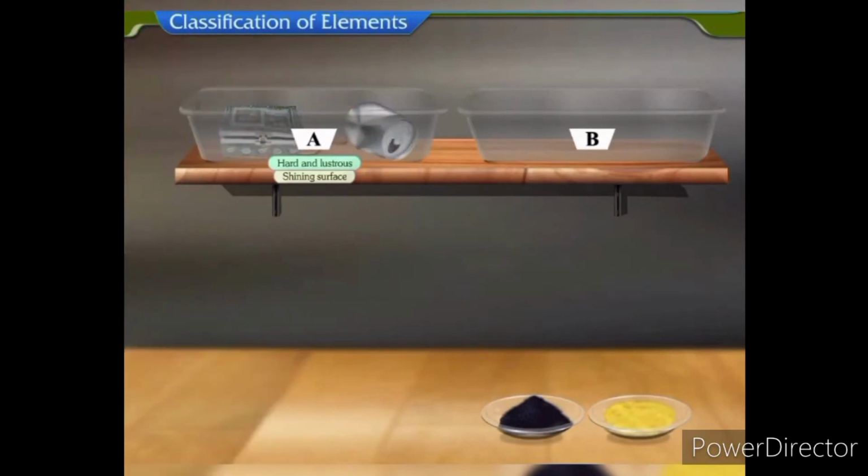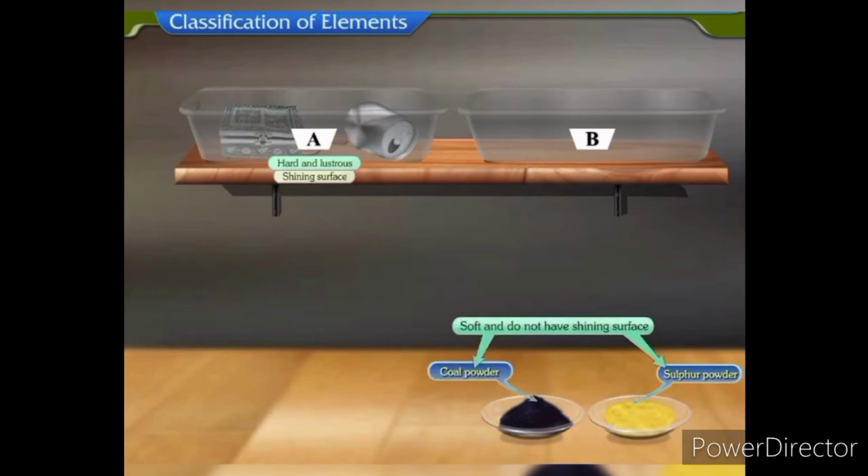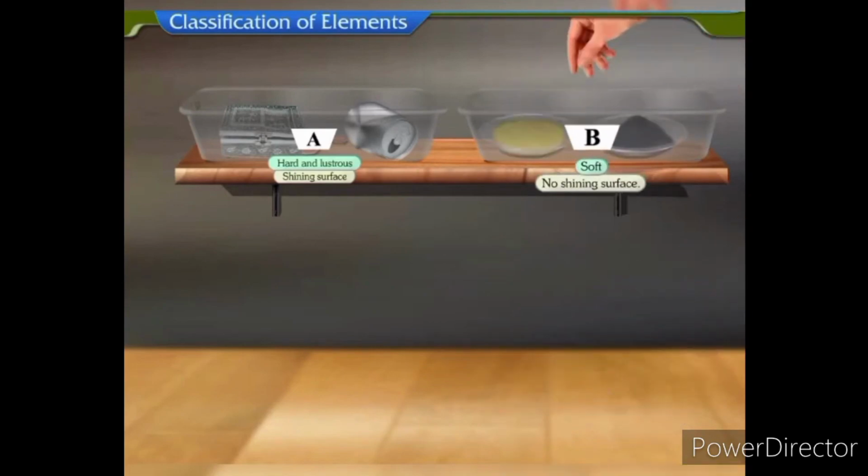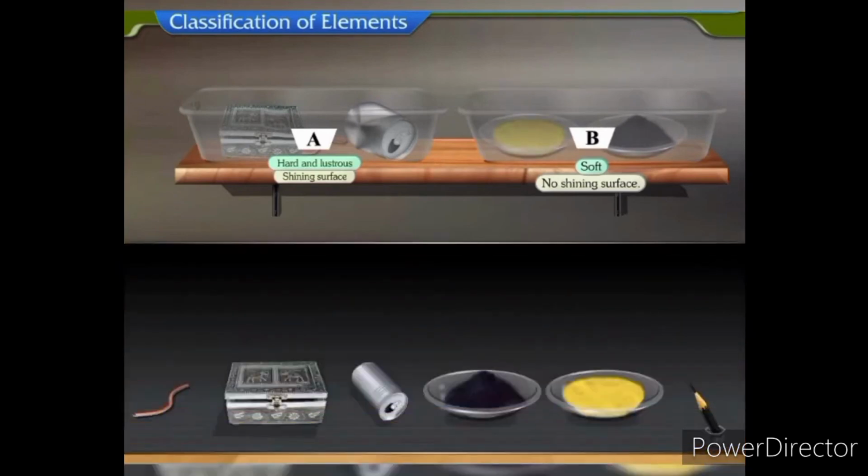Observe the remaining objects. Well, sulfur powder and coal powder are soft and do not have a shining surface. Put these objects in the basket B. Here, we arrive at the classification of substances.